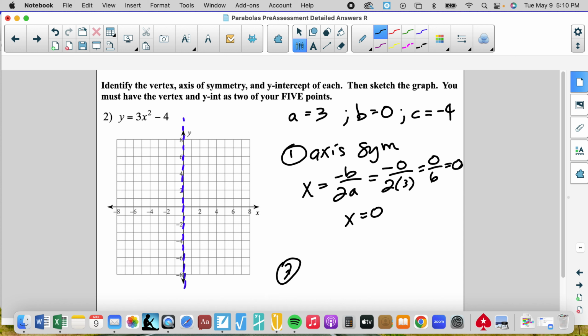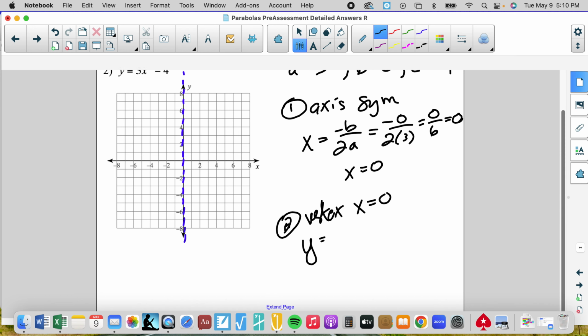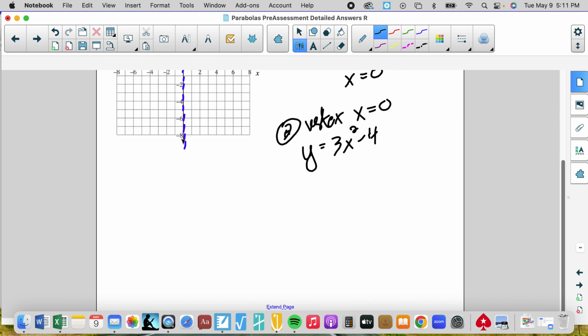So if I have to find my vertex, I'm going to plug in x equals 0 into the equation y equals 3x squared minus 4. So let's plug in 0 for x. Now important here, this is multiplication, this is an exponent.